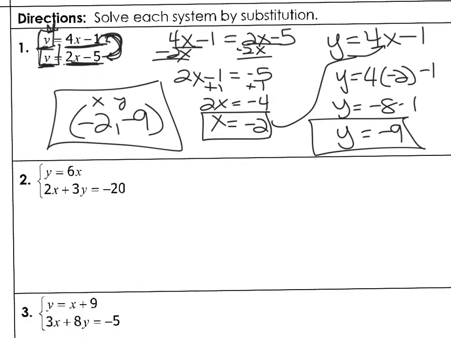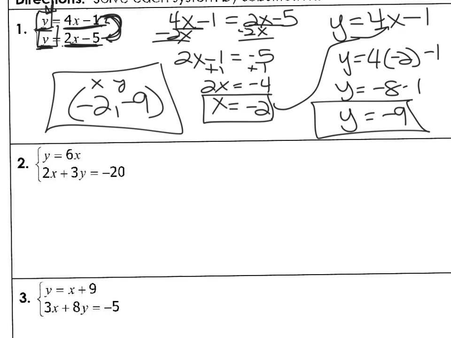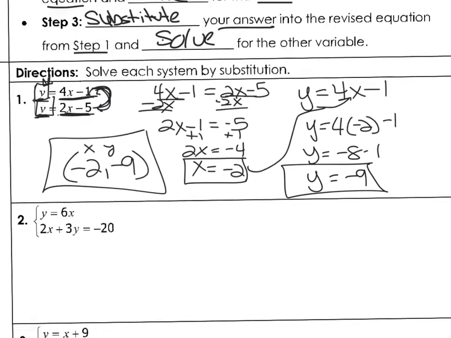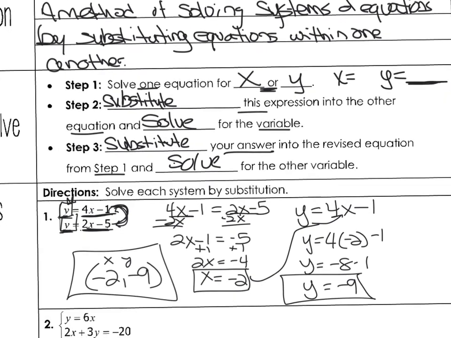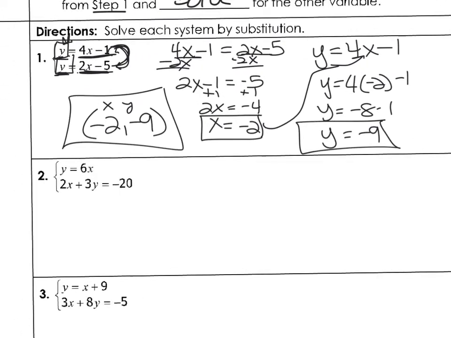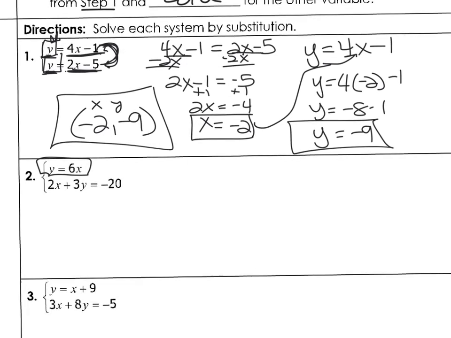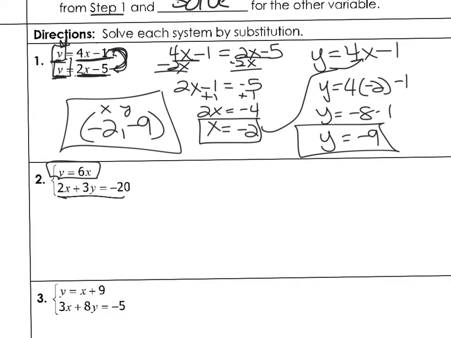Now, let's look at number 2. Here we've got, remember step 1 is you need to solve one equation for x or y. Well, we've got one equation here that's solved for y. The other one's not, though.